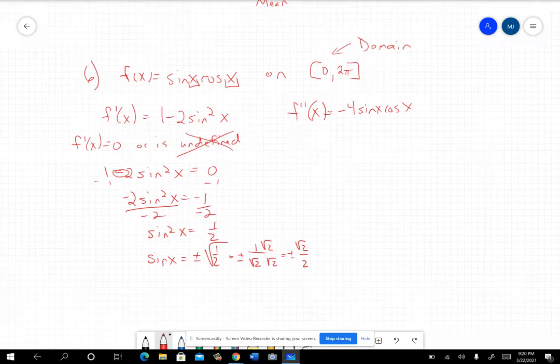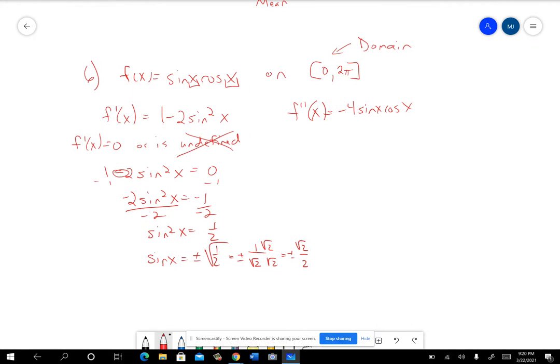All right, so those are the possible critical values. They're going to come when sine x equals plus or minus square root of 2 over 2. So now it helps to draw that picture. Think about the unit circle. So when you're at these 45-degree angles, that's when you get that square root of 2 over 2 happening.